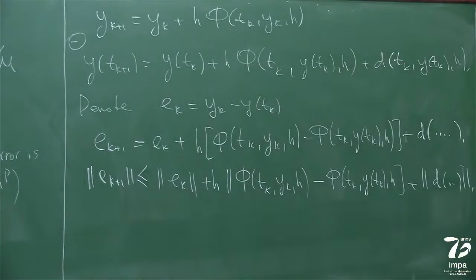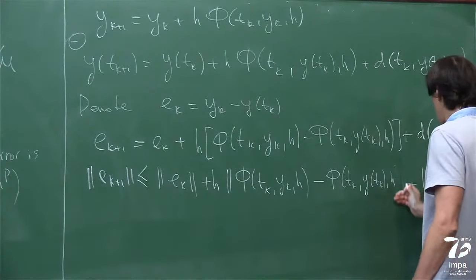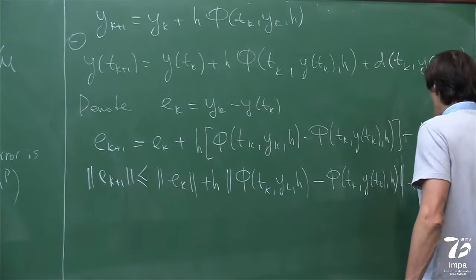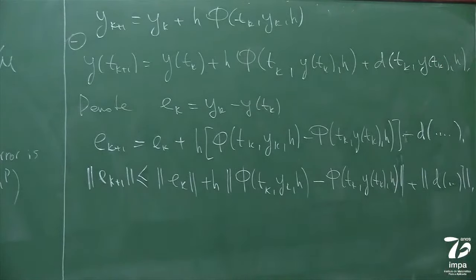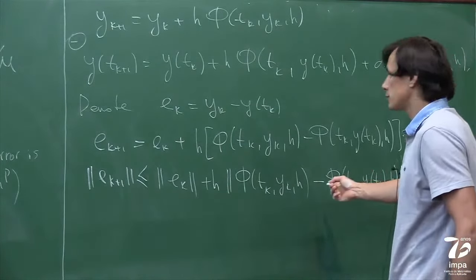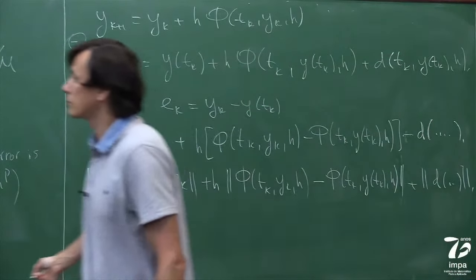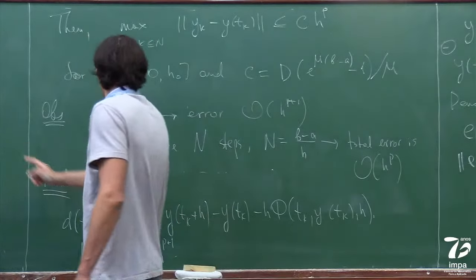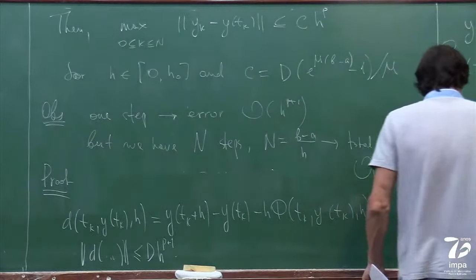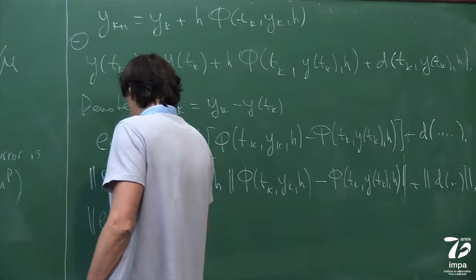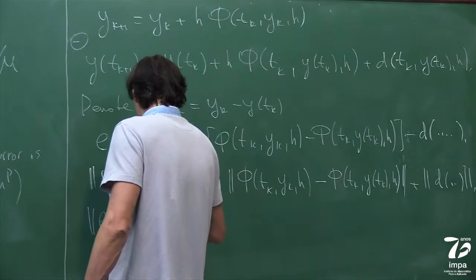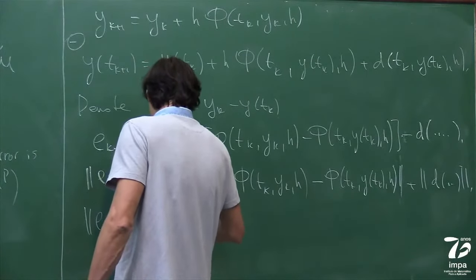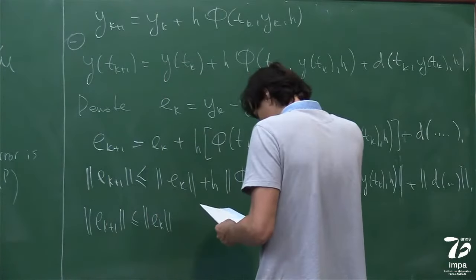Okay, just taking norm. Good. And then here we can use the Lipschitz condition, right? So we have this Lipschitz condition. So we get that the norm of e_{k+1} is smaller or equal than, the Lipschitz condition will give us M, right?